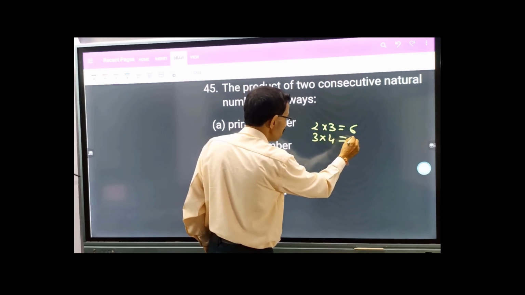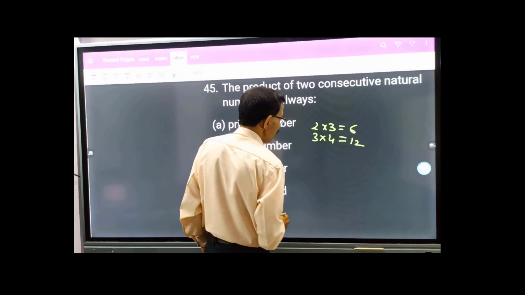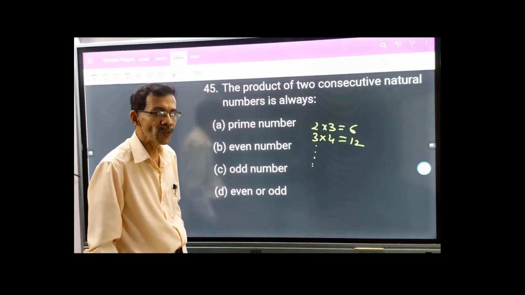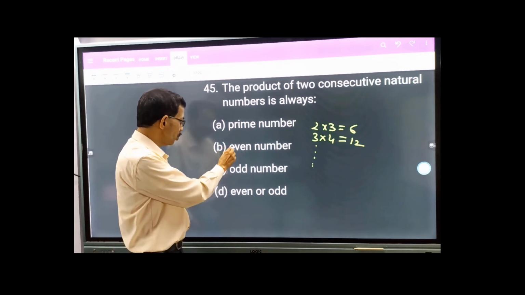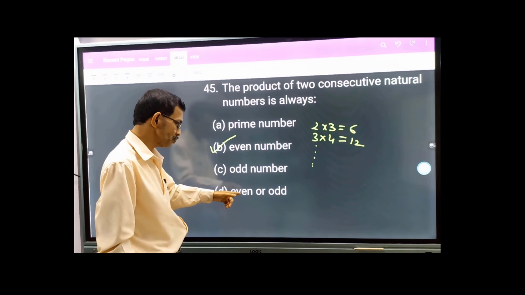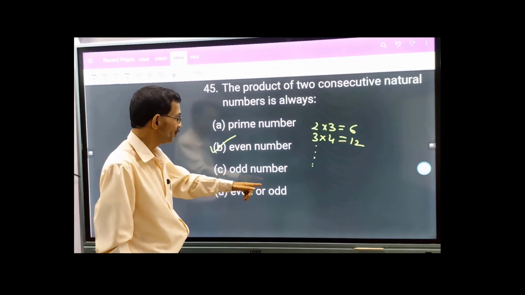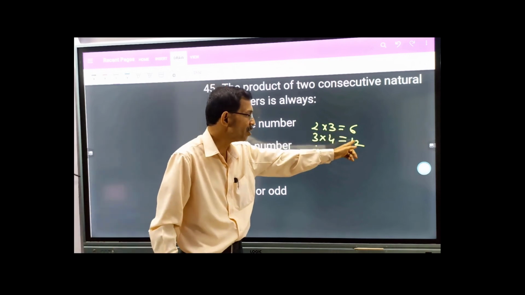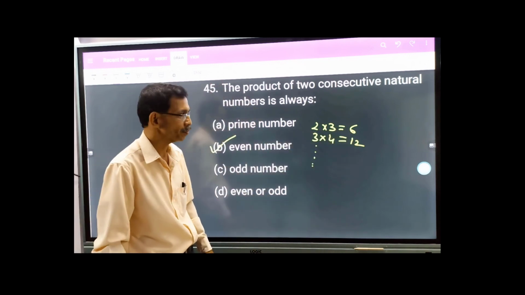The product of this is 12. And so on. You will find the product is always even. So even number is the correct option. Odd number is wrong. Even or odd is also wrong, and prime number is also wrong. These 6, 12 are not prime numbers.